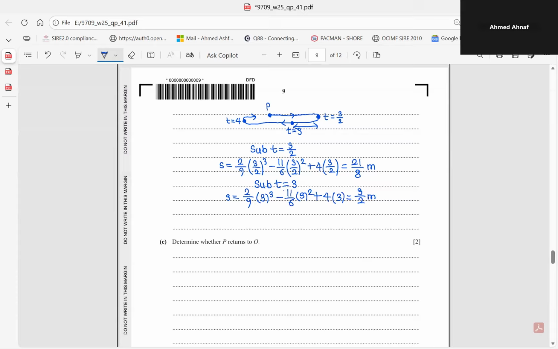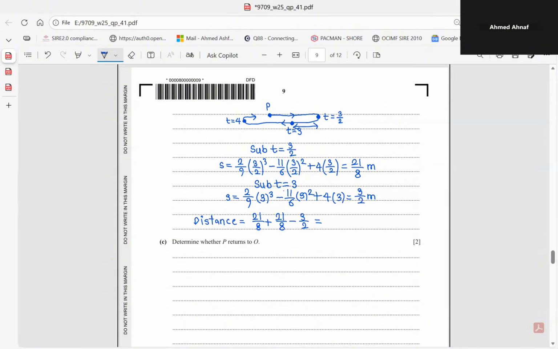Okay, now the total distance. So the total distance would be the displacement at t equals 3/2, so 21/8, plus the difference between the displacement at t equals 3/2 and at t equals 3. So plus 21/8 minus 3 over 2.